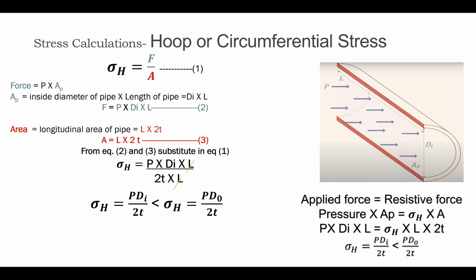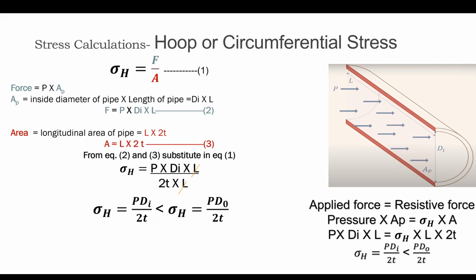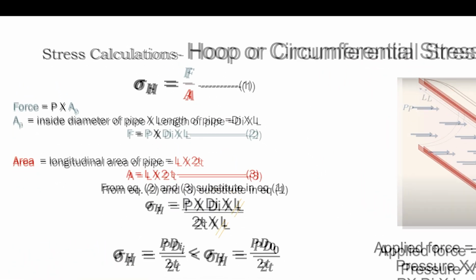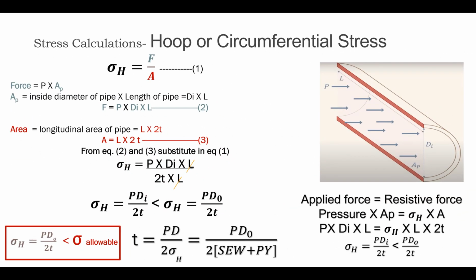Again, instead of Di, we'll use the outside diameter for a conservative value to calculate the hoop stress. Hence, the thickness formula of the pipe in ASME B31.3 is based on the hoop stress formula, which is T is equal to PD over 2 sigma.